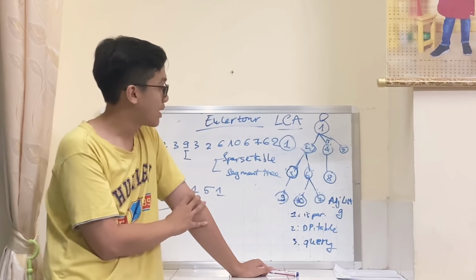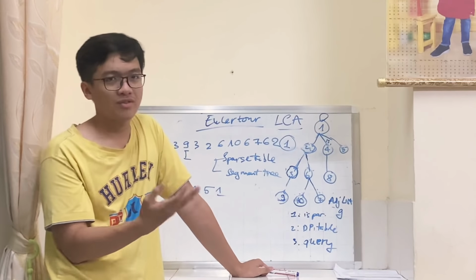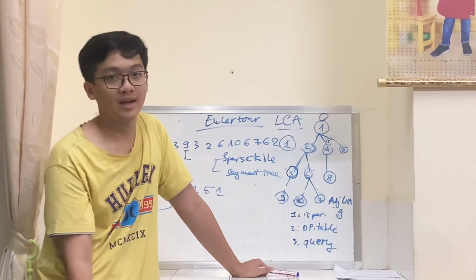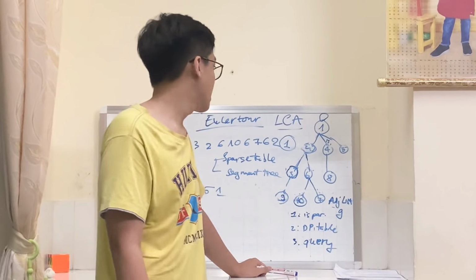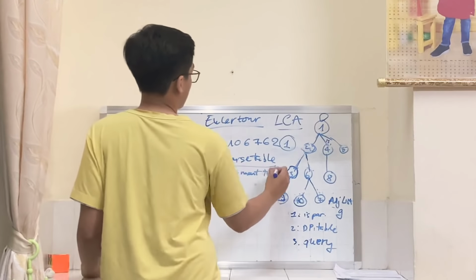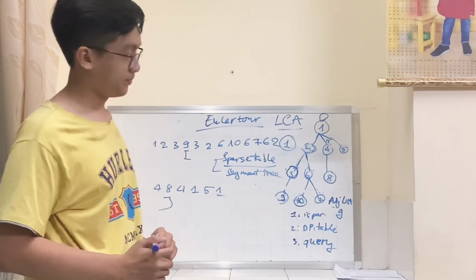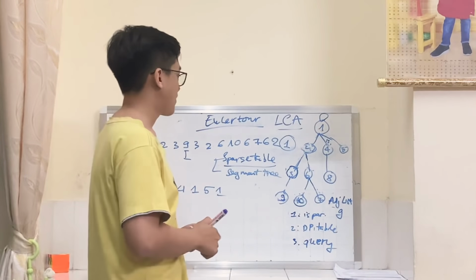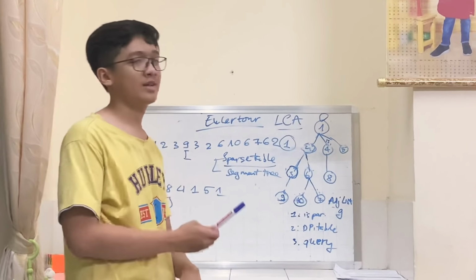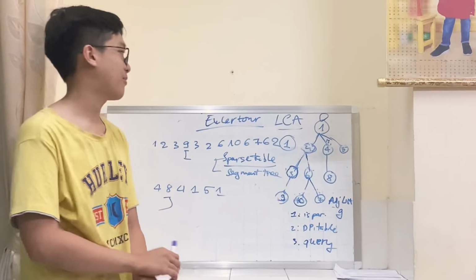The segment tree build is O(n), and query is log n. But due to high constants, we recommend using the sparse table. There's a way to optimize the sparse table to O(n) precompute, and constant time for querying the value.